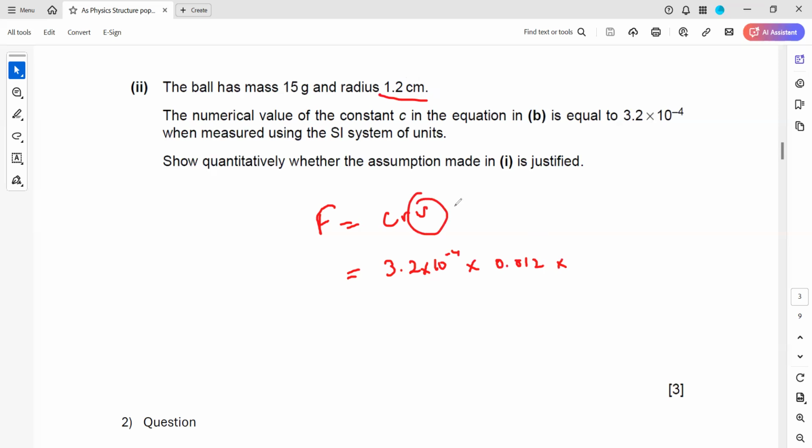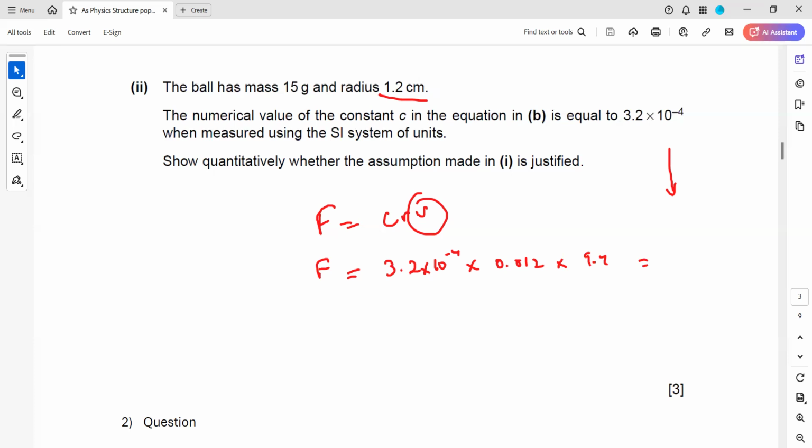The speed at which it was moving, what was the speed we calculated in the last part? 9.4. So we put 9.4. If this object is moving at a speed of 9.4, what is the resistive force? We'll work it out: 3.2 times 10 to the power minus 4, times 0.012, times 9.4.